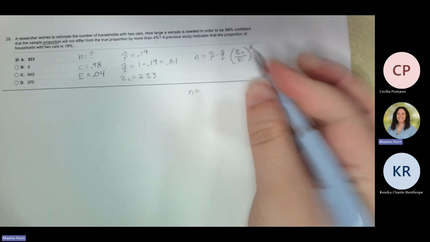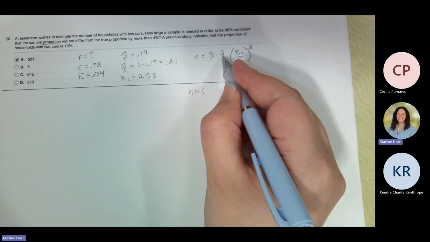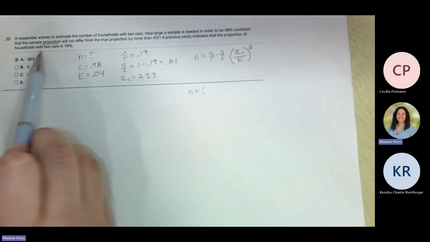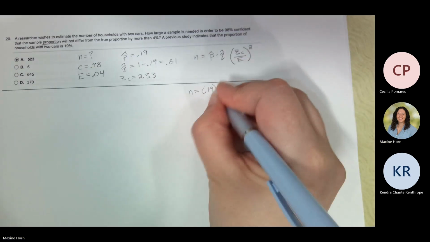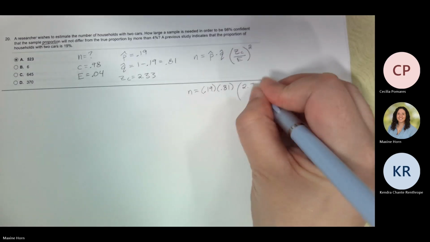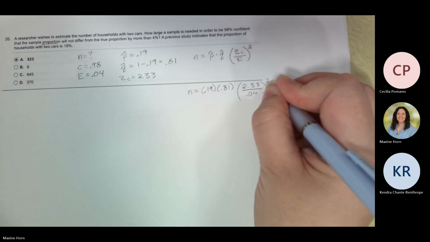So now we can plug it in. So instead of 0.5 and 0.5, which is what we would have to assume if we weren't given any other information, we were given the p hat. So we're going to plug these in.